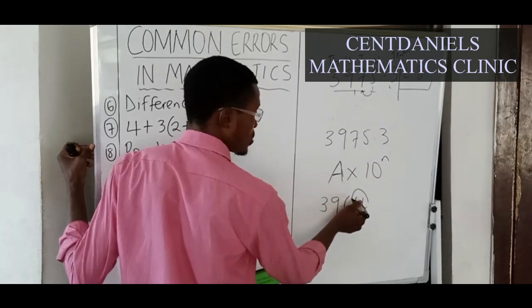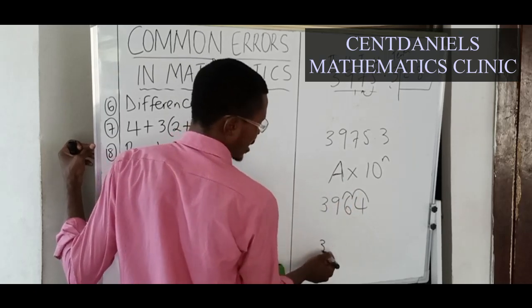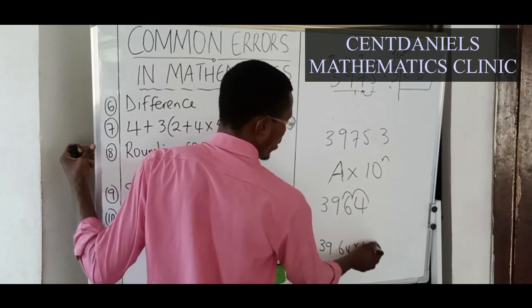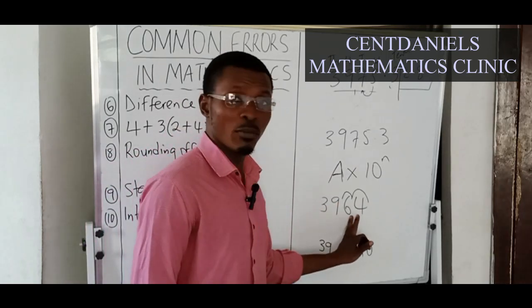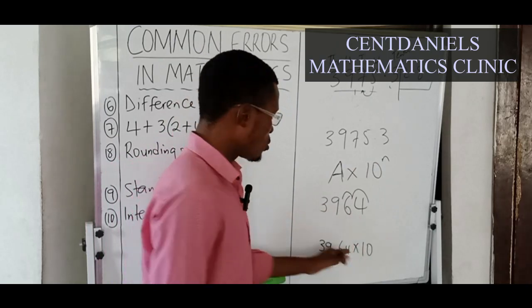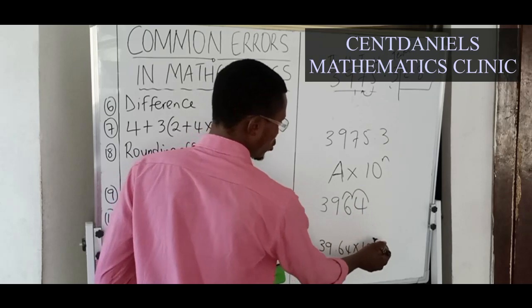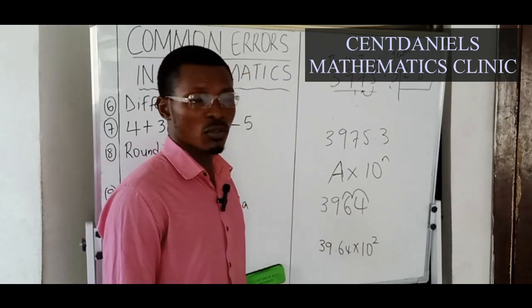You take the point backwards. Some students stop here. They have 39.64 times 10 to the power of what? Our n, of course, will be positive, because the original number itself is more than 1. And they moved twice backward, so our n is 2. Some students have this, and you see this in the options.